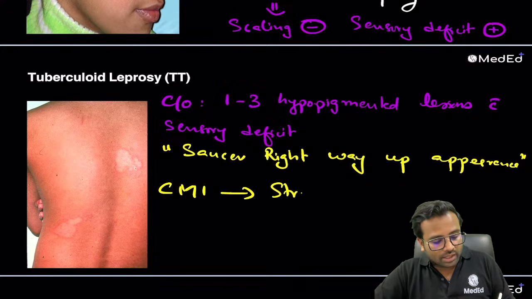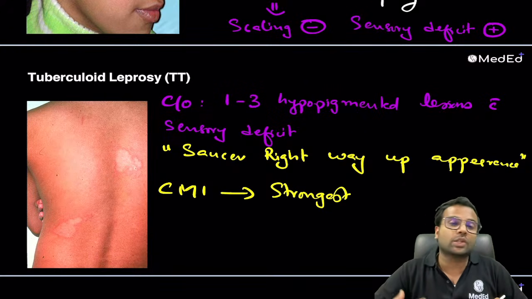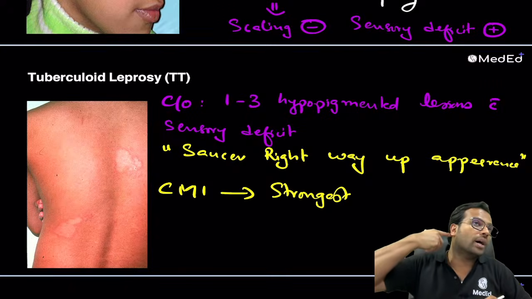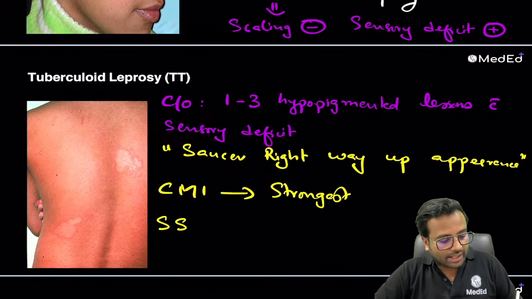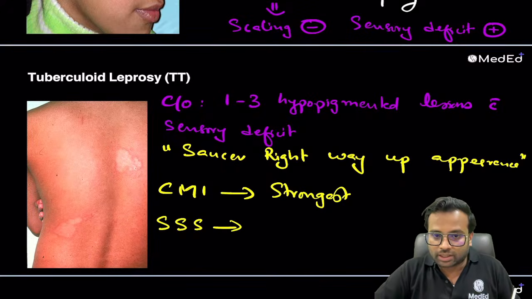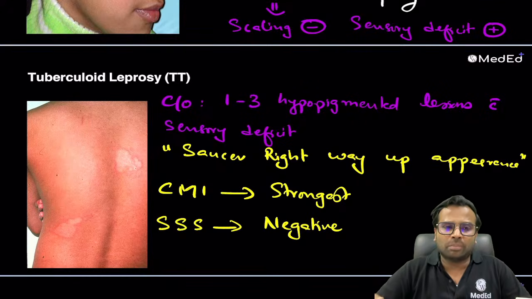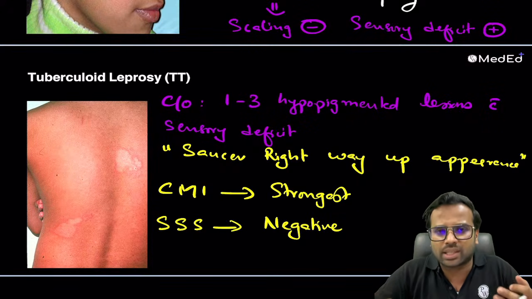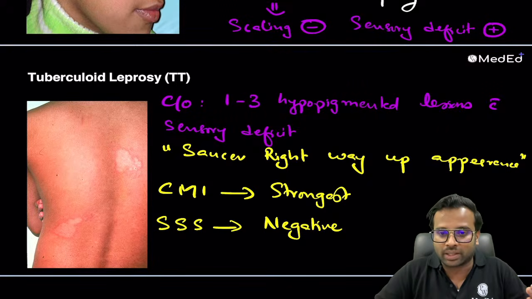Since it is the strongest, if you do a skin slit smear, there will be no bacteria. You cannot find Mycobacterium leprae in a skin slit smear because the patient is just getting the symptoms now. The bacterial load is yet to be increased, right?